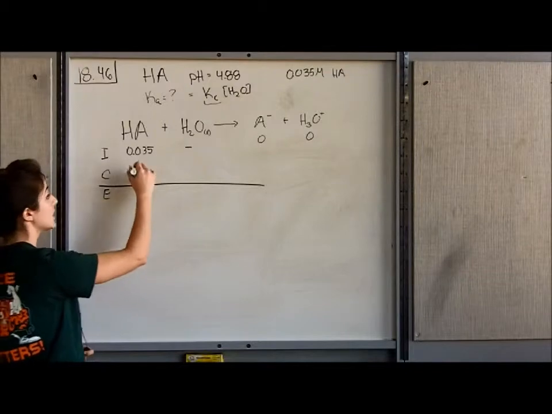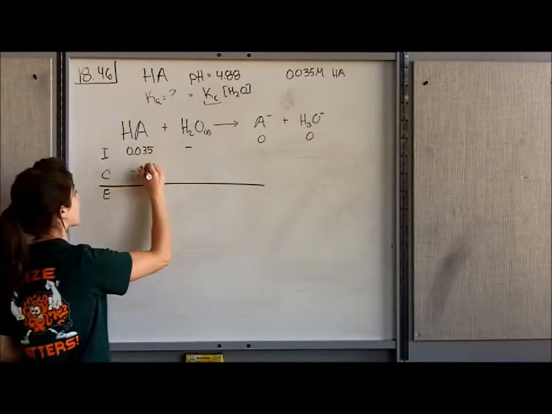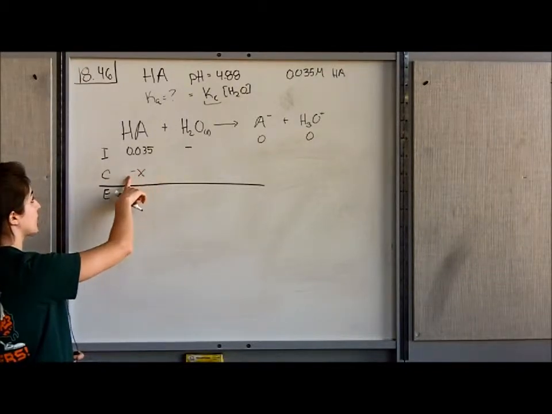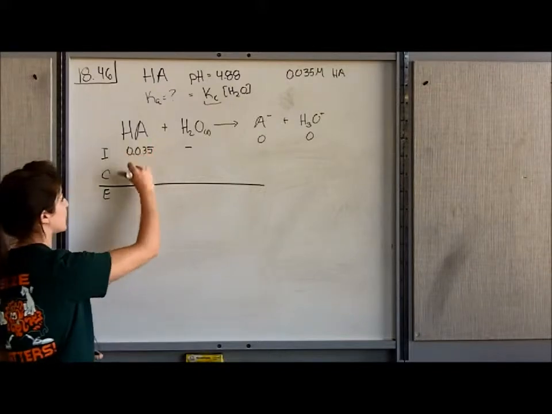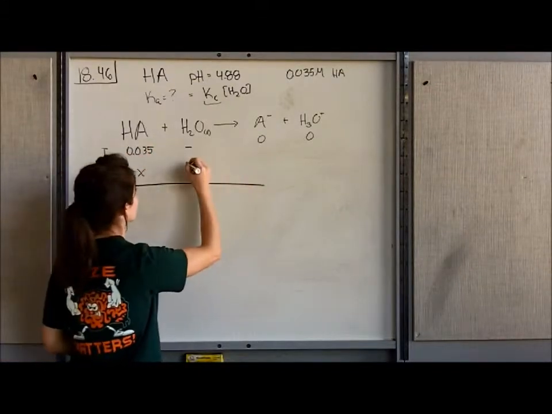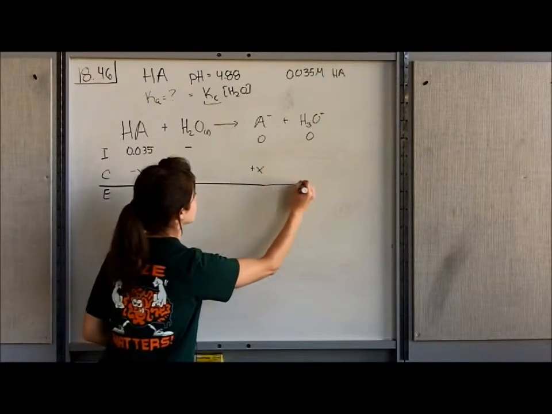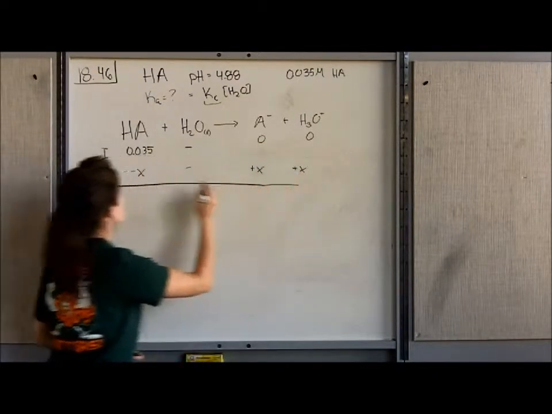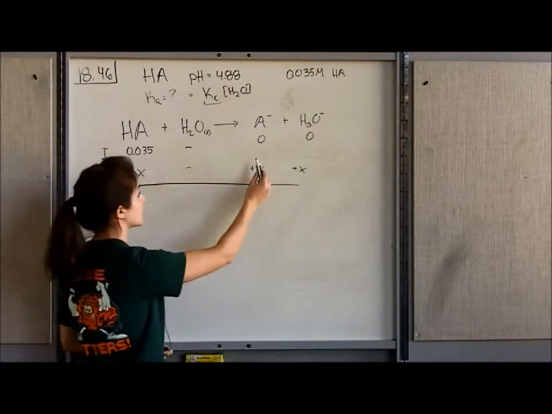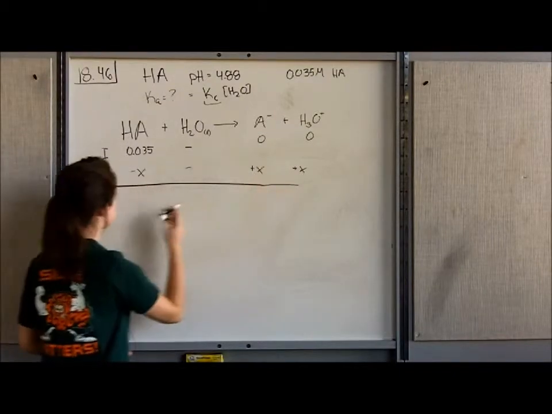Now the change is going to be subtracting X from your acid, because you're going to use some of your acid to go to your products. And then water we're going to leave blank again, and then it's going to be plus X for your products, because for every mole of your acid you use, you're going to produce a mole of each of your products.